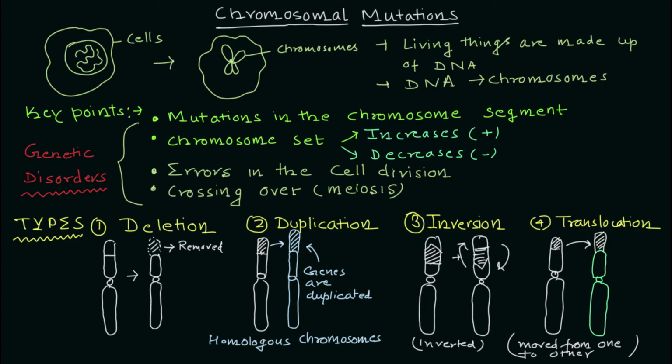And if there is any kind of error during that, you may have these sorts of mutations occurring in the chromosomes. So these are some of the examples and key points regarding chromosomal mutations. I will cover more topics in my future videos, and by seeing those videos you should be able to understand the topic.